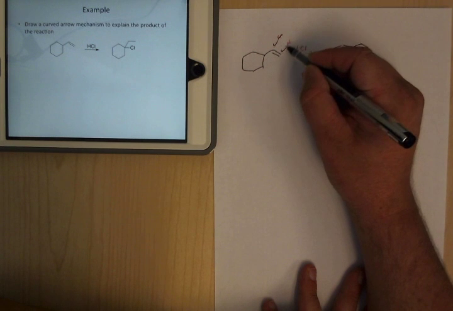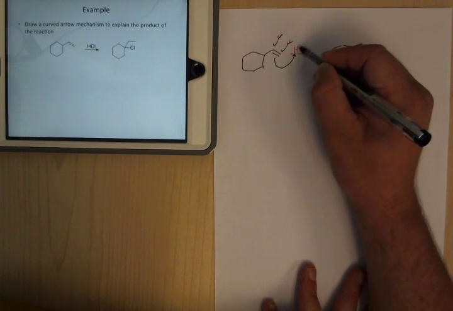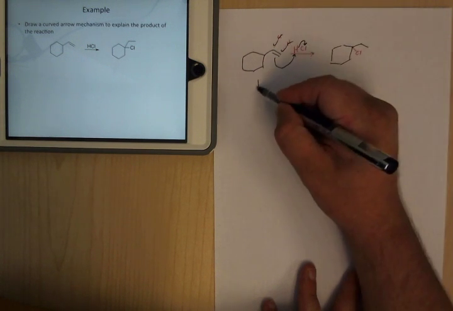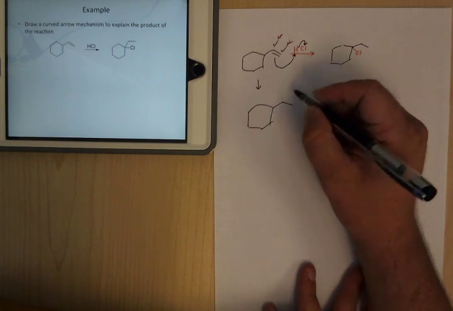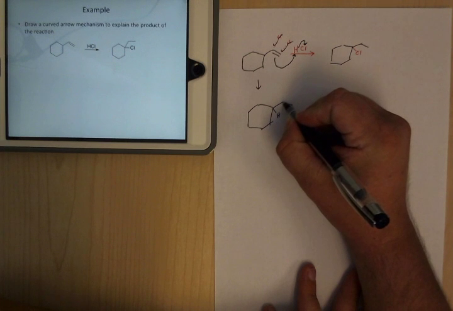Okay, and so that's where this comes into play. This comes in, takes, kicks those over there to form this. And I'm going to draw these hydrogens.